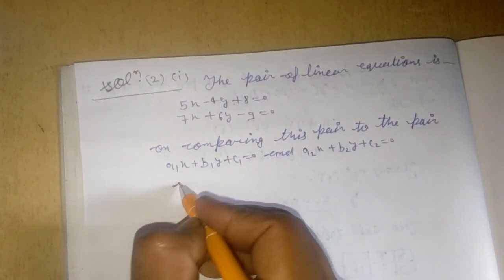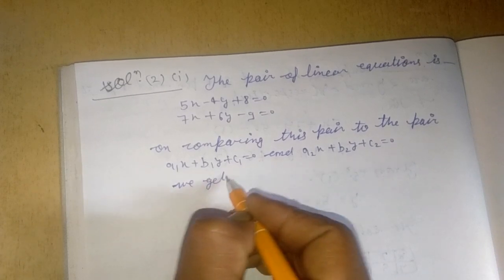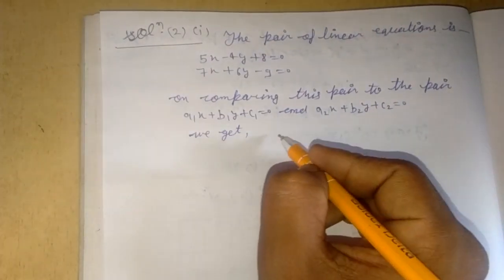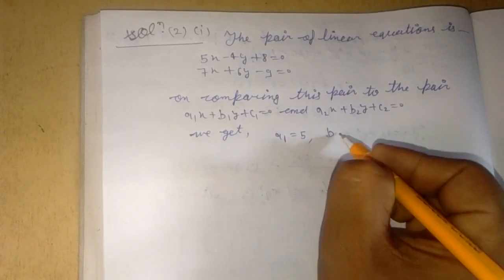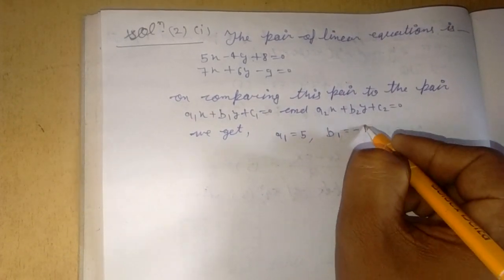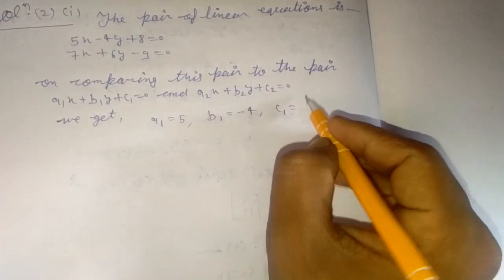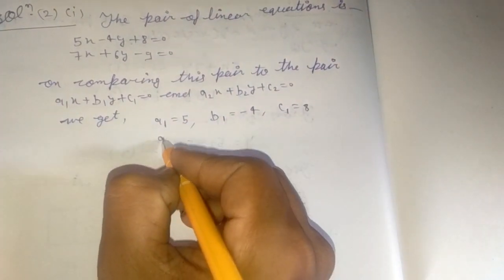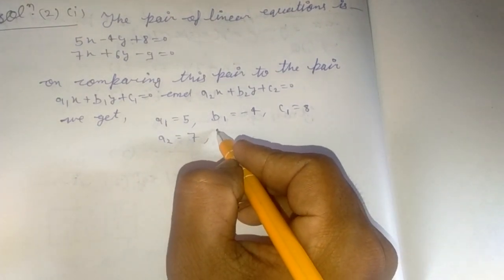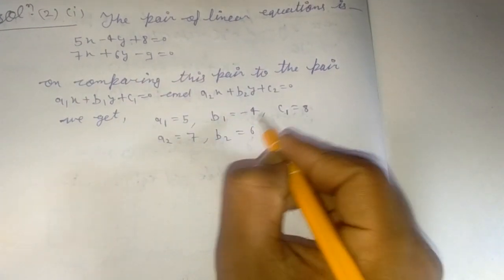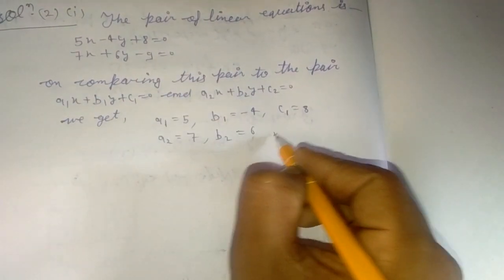Okay, so we get a1 equal 5, b1 equal -4, c1 equal 8, a2 equals 7. Okay, b2 will be 6, c2 will be -9.